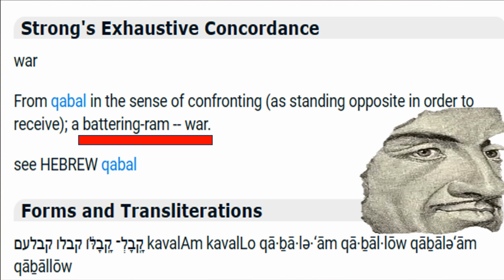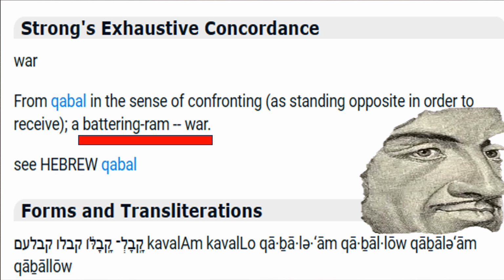And now we see, consistent with this deity Set, that cabal is another word for war. Yes, war. And so if you recall, Set is the god of war. And you see this god of war identity throughout various cultures. But Seth or Set is definitely the god of war, and cabal is another word for war.